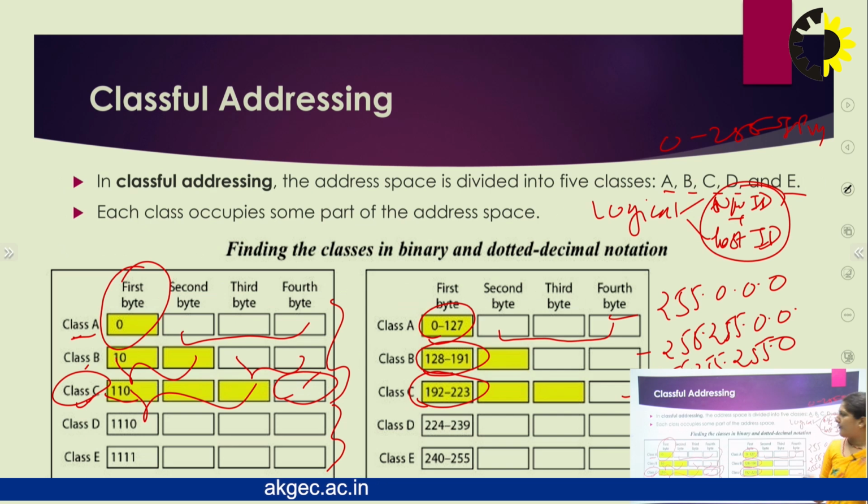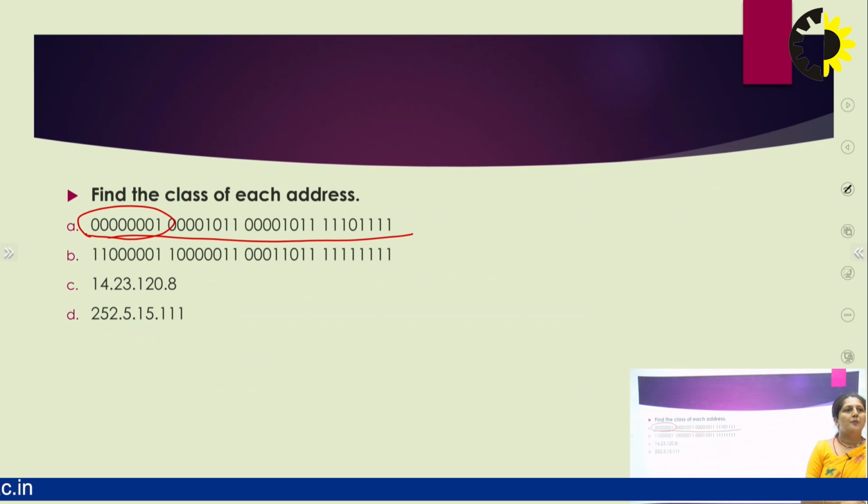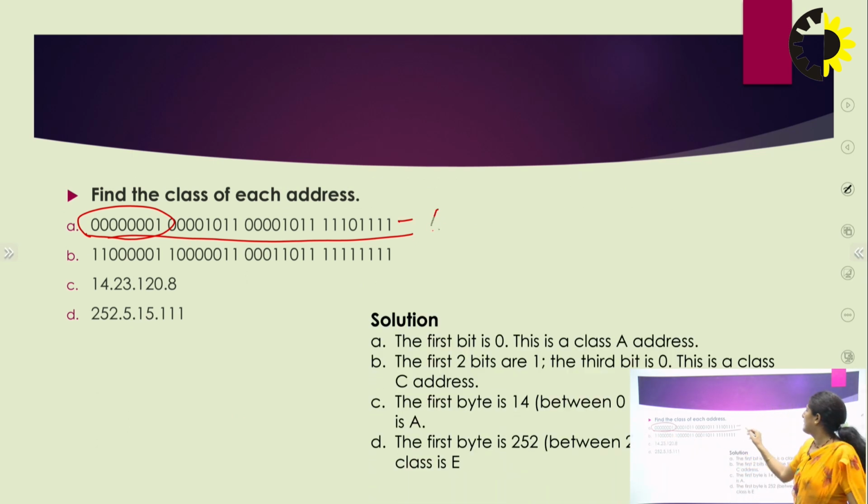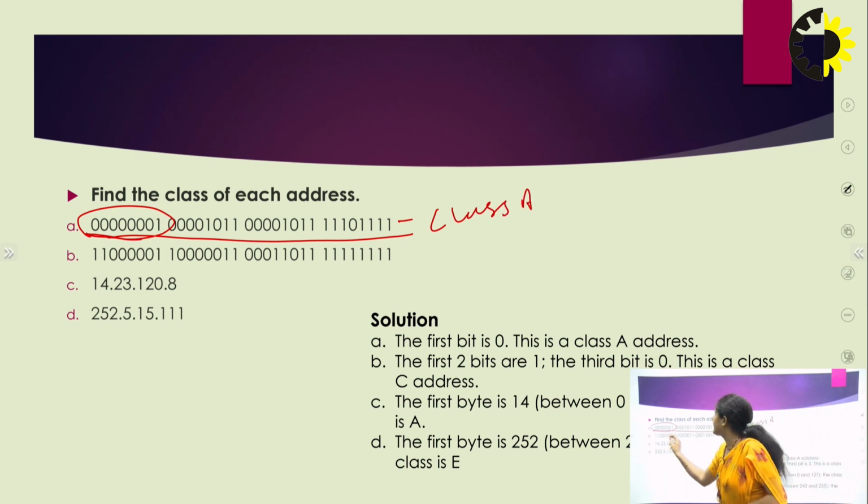Which one starts from 0? Class A. Class B starts with 10 and class C starts with 110. So here the first one is class A because the first bit starts with 0.